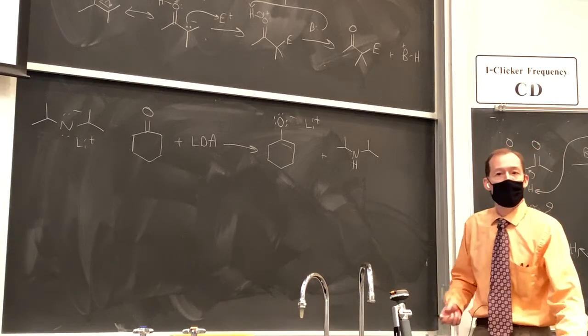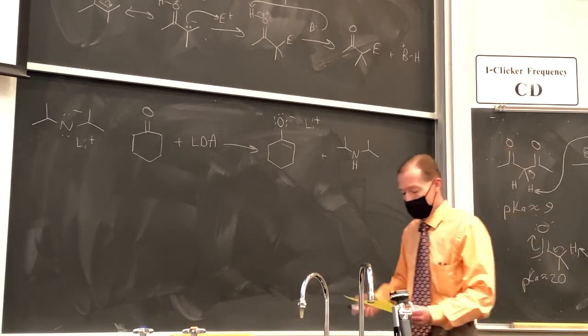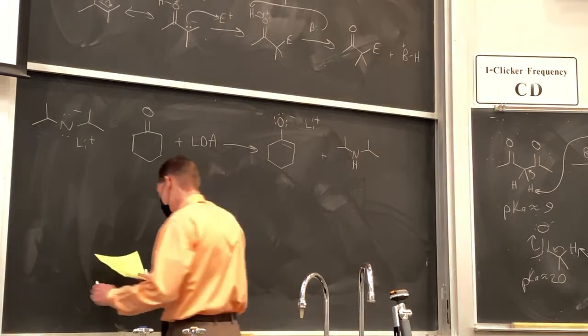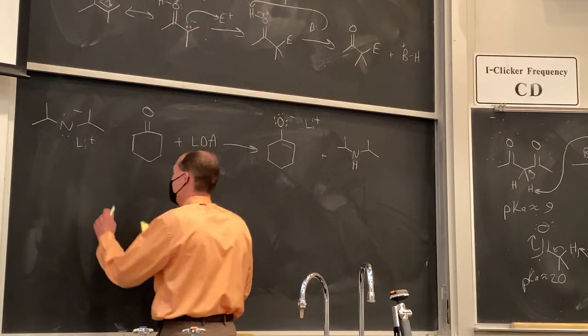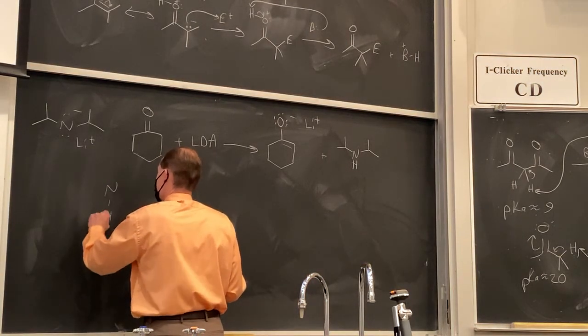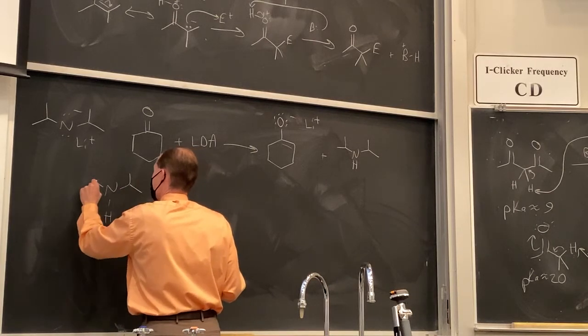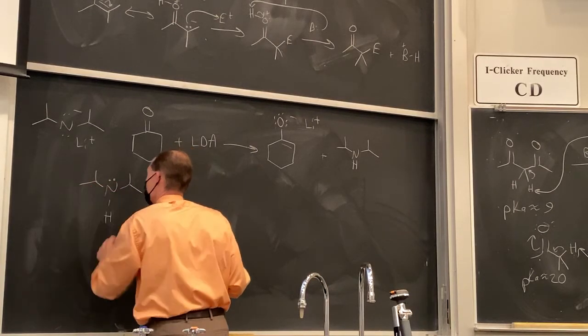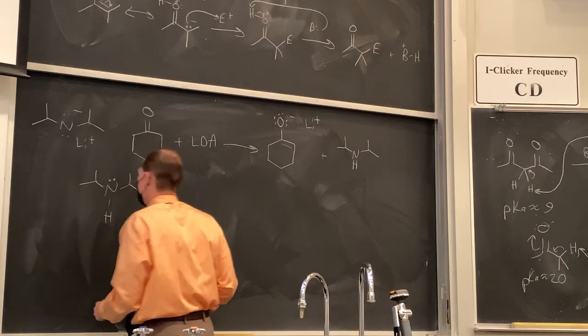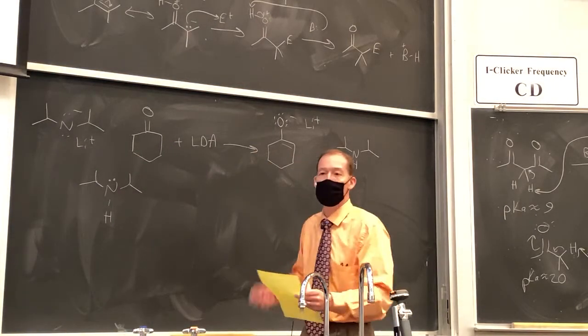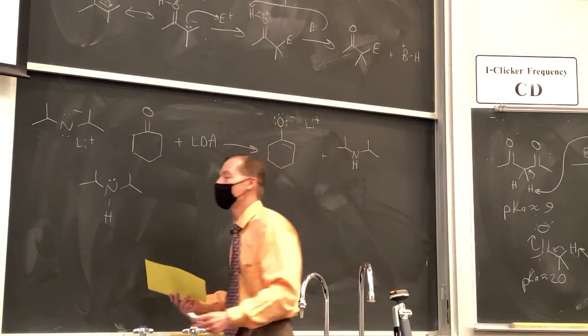Okay? So how do we make LDA? Well, we can actually buy it. We can buy it in solution, but we can also make it. Sometimes we make it. And what we would have to do is deprotonate this nitrogen with an even stronger base.